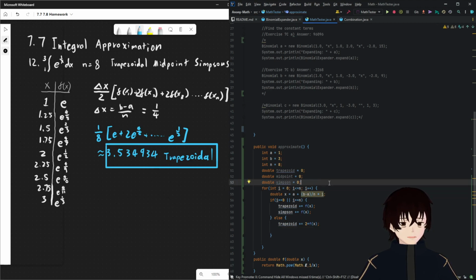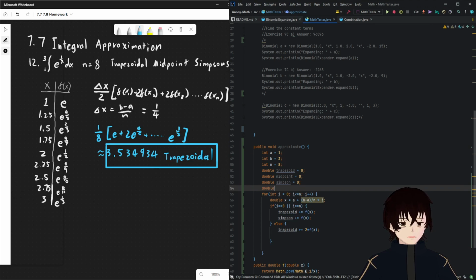I just realized something. We could get a delta x equal to b minus a over n.